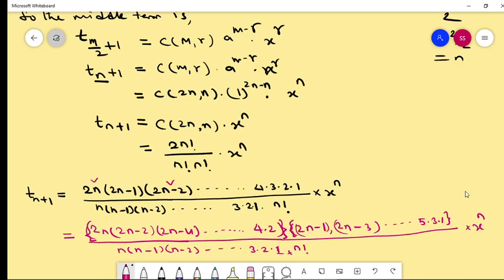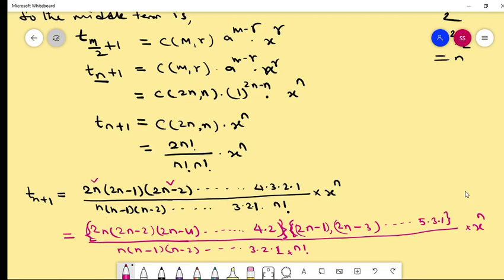So dear students, after this step we see that all the 2's are common, so there are 2 to the power n. Remember, from here also 2 is common, from here also 2 common, so n times 2 are there, so I have written 2 to the power n.